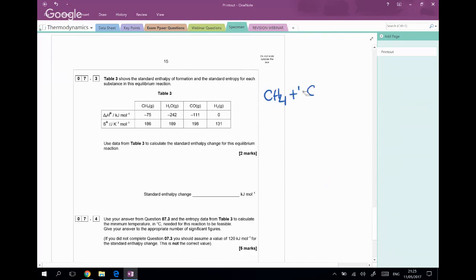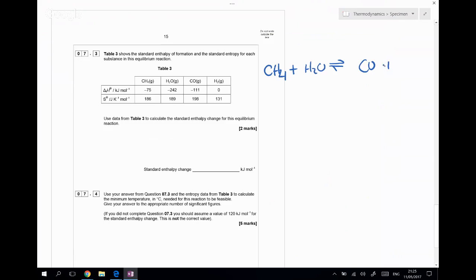CH4 plus H2O to make carbon monoxide plus 3H2. The first question here says table 3 shows the standard enthalpy of formation and the standard entropy for each substance in the equilibrium reaction. So they give us enthalpy of formation data.